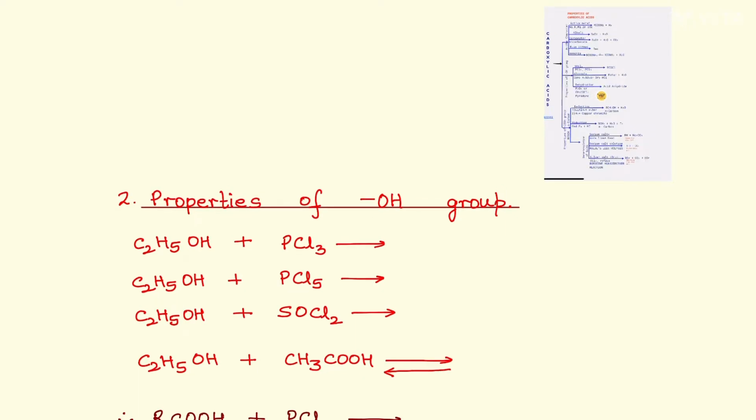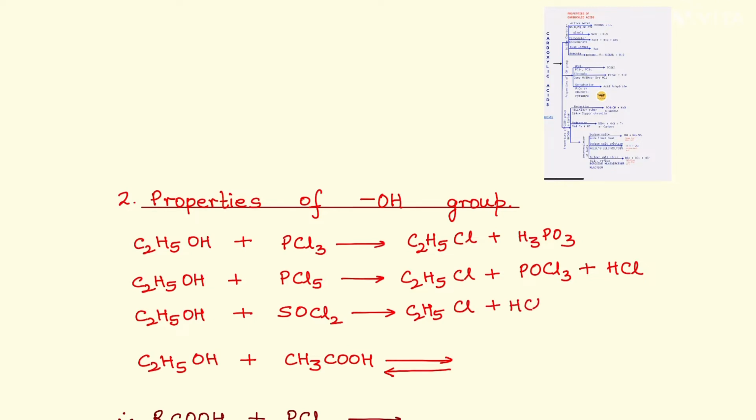So in the case of alcohols, we had written the reaction and we had completed them as C2H5Cl, that is chloroalkane, plus H3PO3, phosphorous acid. Whereas in the case of PCl5, we had gotten POCl3, phosphorus oxychloride, and hydrogen chloride. With SOCl2, the reaction was unique in the sense that it gave us HCl and sulfur dioxide, and both of them being gases, the chloroalkane prepared by this method is almost pure.